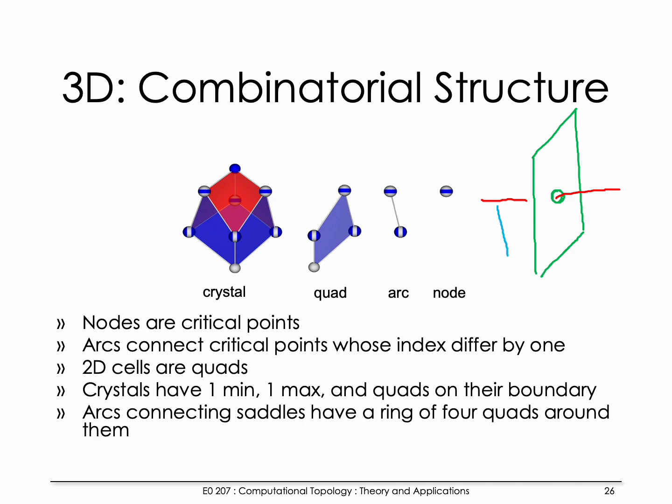There is a one saddle sitting here, right, whose ascending manifold is two-dimensional, and it intersects transversally with this descending manifold, and this is the transversal intersection.